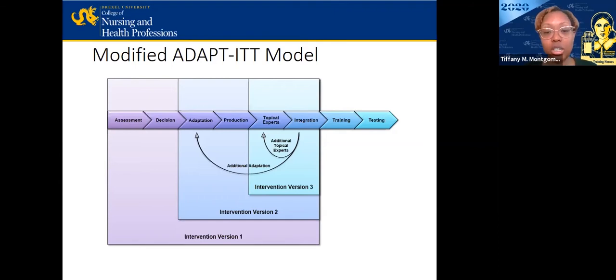So production needed to be done again. We had to change some of the way things looked, took it back to topical experts, which happened to be my dissertation committee, and integrated their comments, and then went back again to additional topical experts, 20 members of a community advisory board at UCLA.